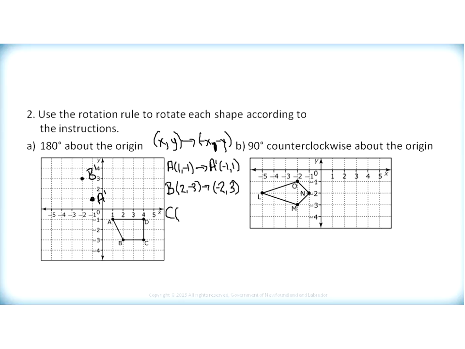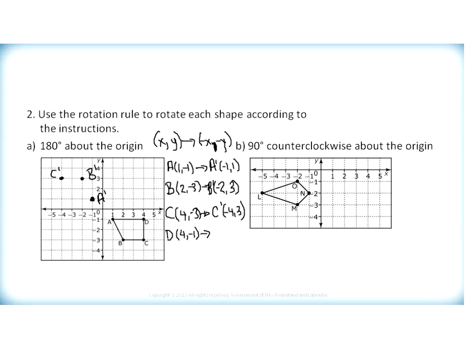C is the point right now 4, negative 3. So my rotated image is going to be, I forgot to put in B prime here. My rotated image is C prime, negative 4, 3, which is right here. And lastly, I have D, which was 4, negative 1.